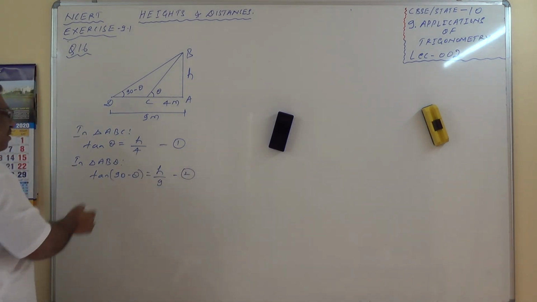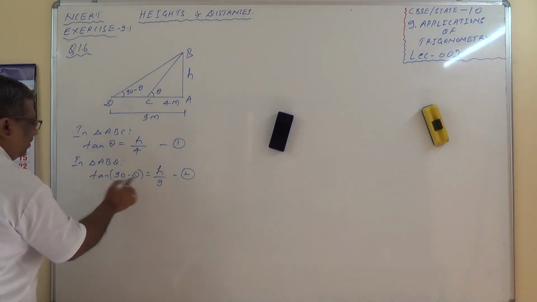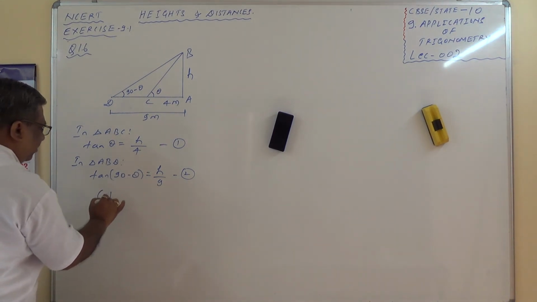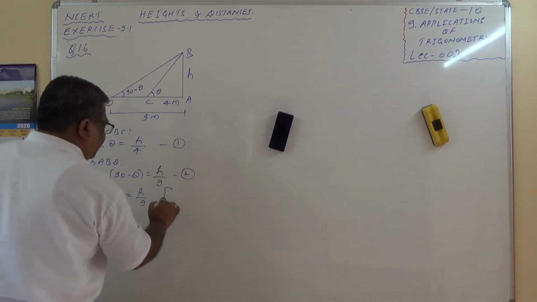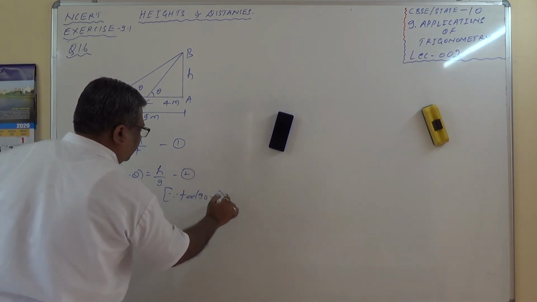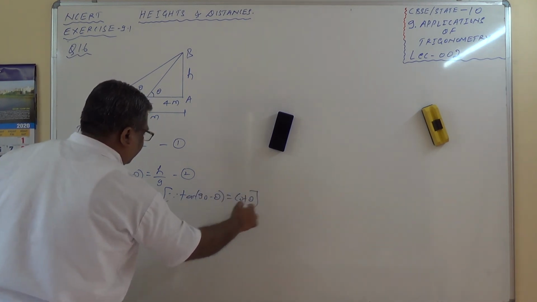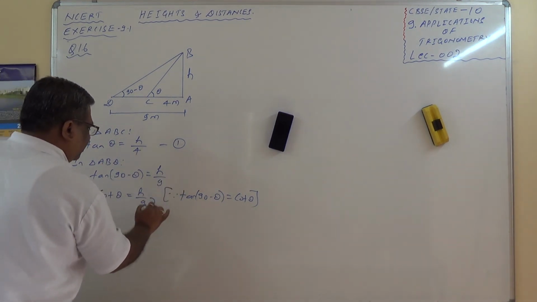Tan 90 minus theta is cot theta, because of the complementary angle, and therefore cot theta is equal to h by 9. This I'll make it as 2.